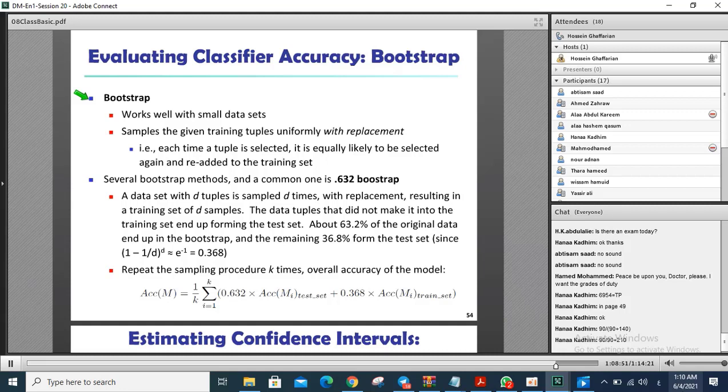Using this method, we can prove that with a uniform distribution, we will select different tuples as training tuples.